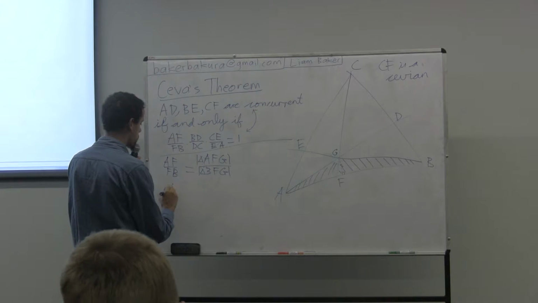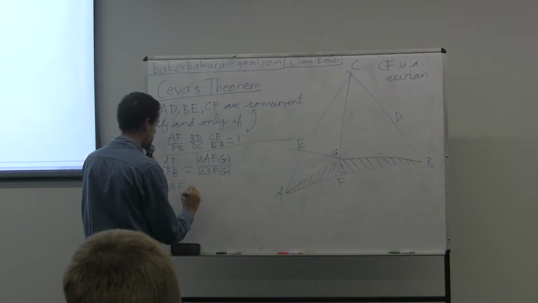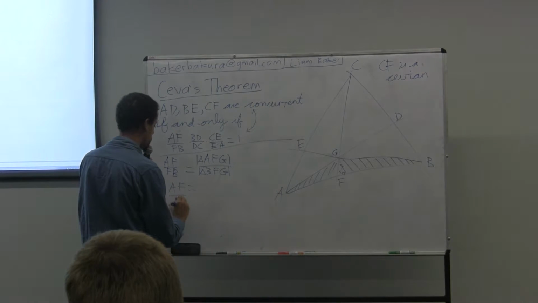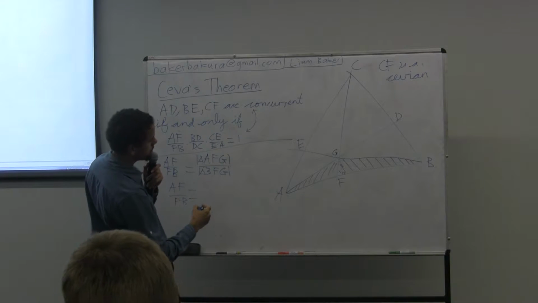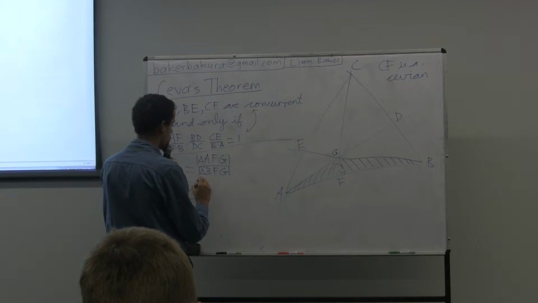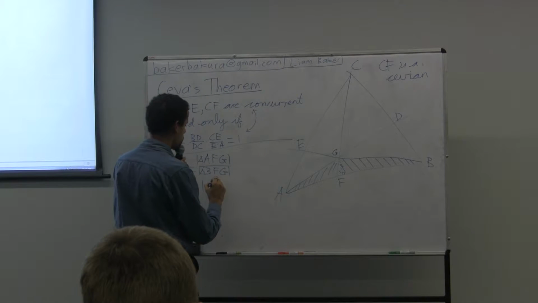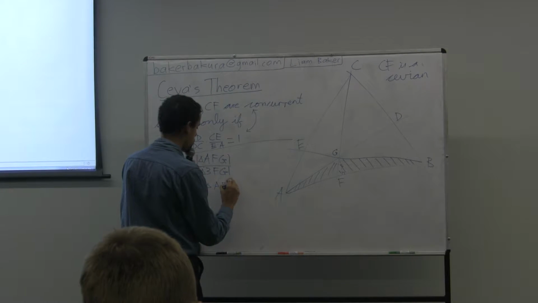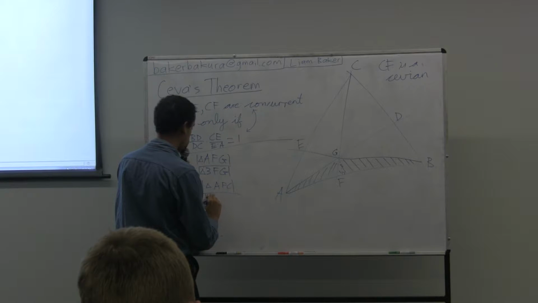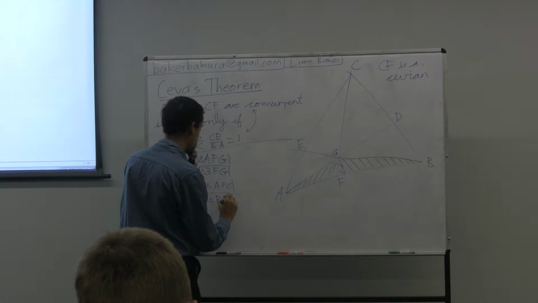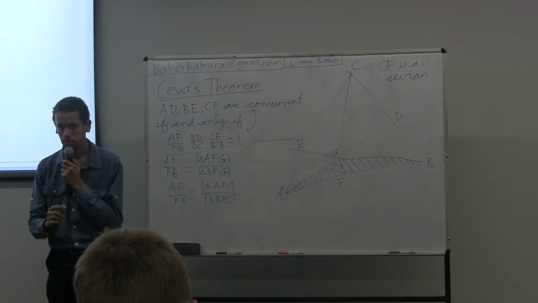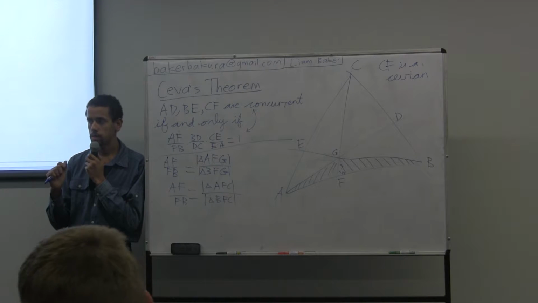Now, this AF over FB is also equal to the area of triangle AFC over the area of triangle BFC. And why is that true?